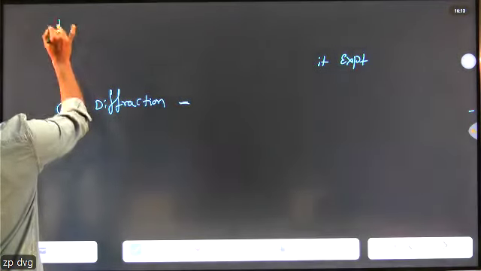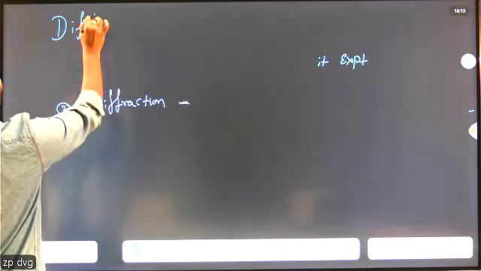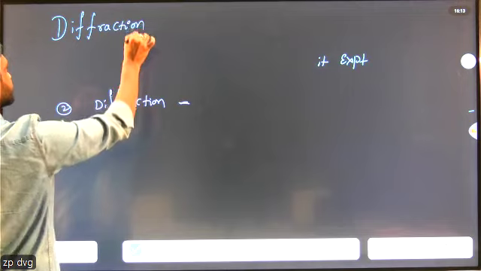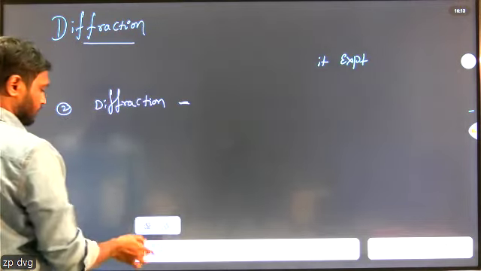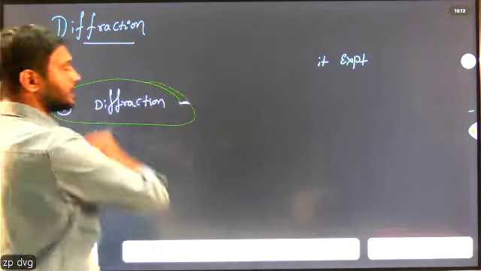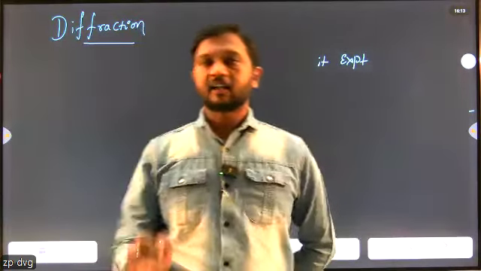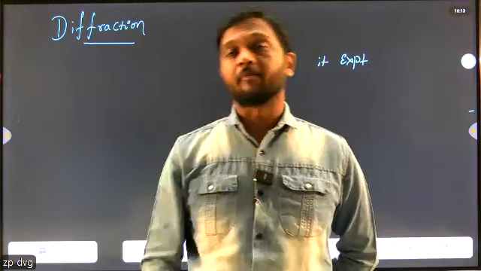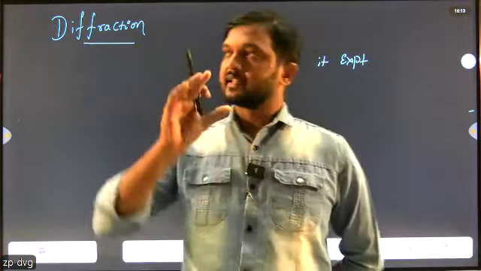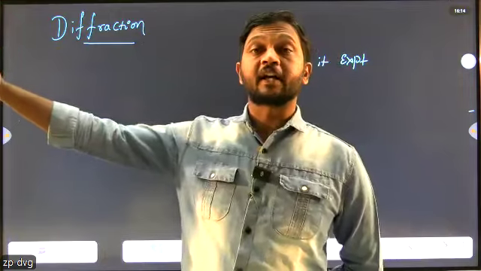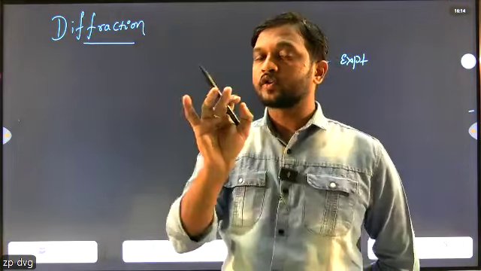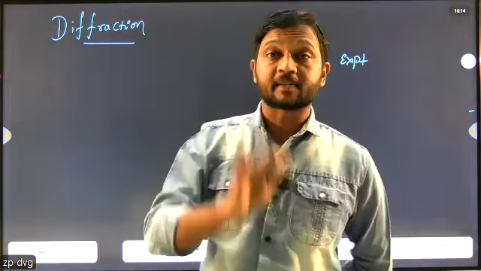So what is diffraction? First, how interference fringes are formed in Young's double slit experiment. Let me revise the characteristics of the interference pattern.